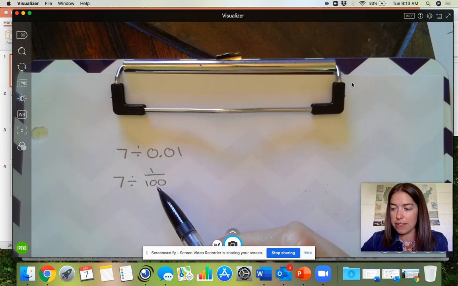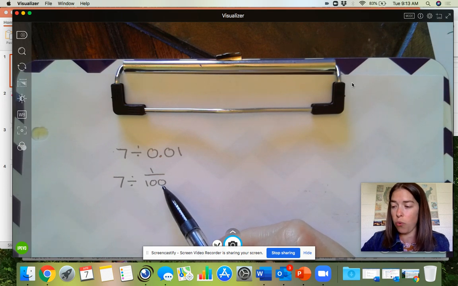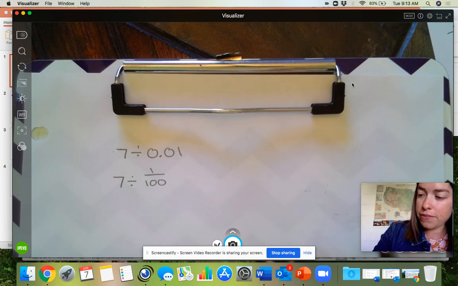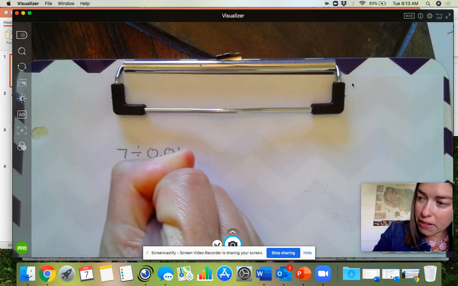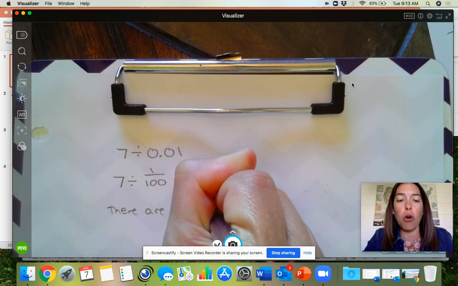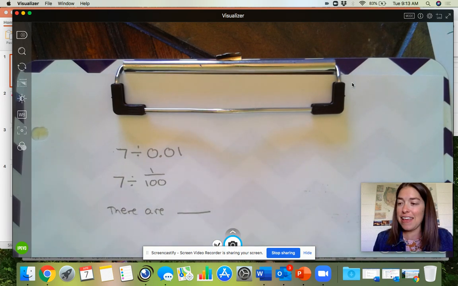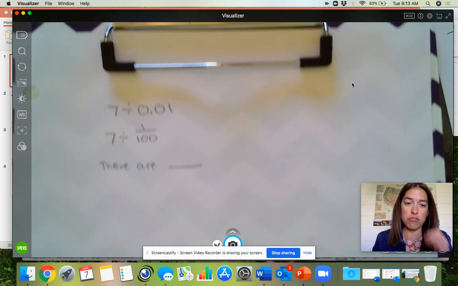All right, now I need to compare it to 1 whole. So I'm going to write it out. There are blank, but now I'm no longer talking about tenths. Now I'm talking about hundredths.